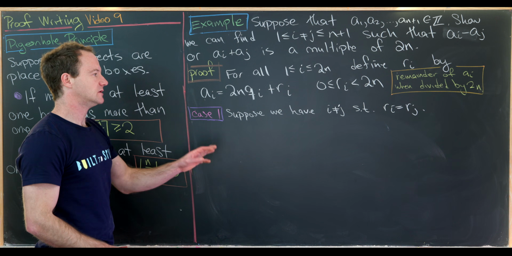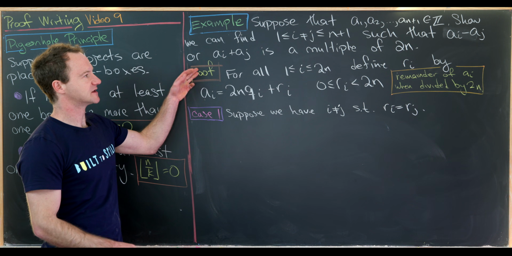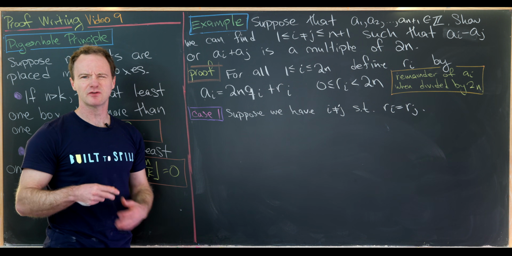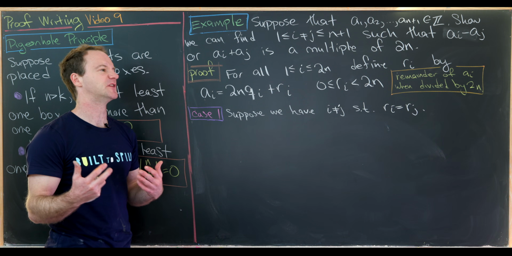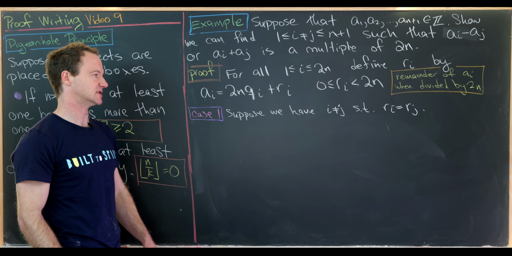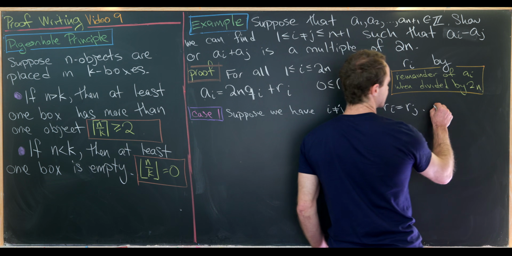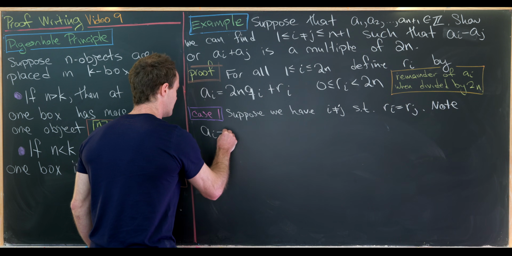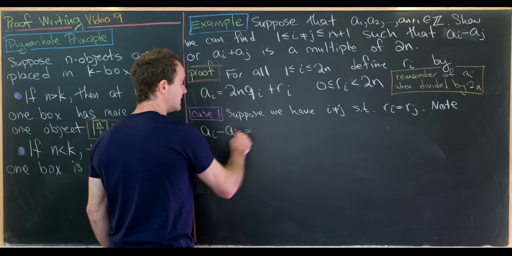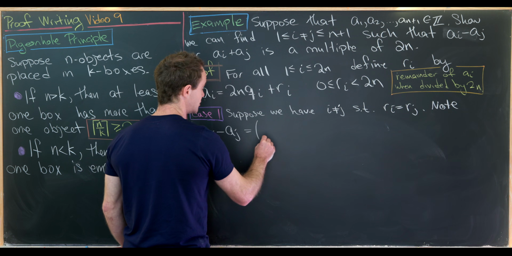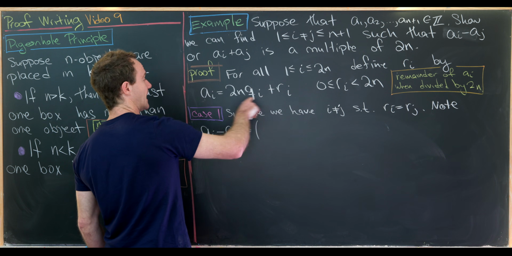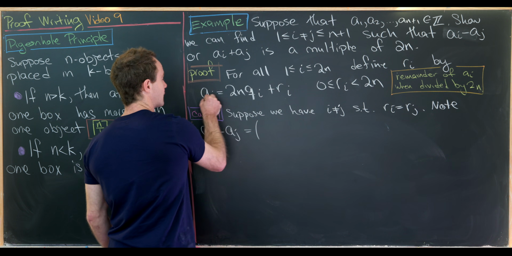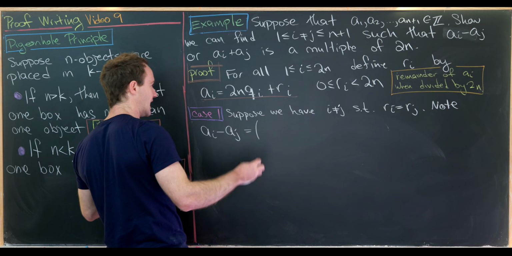Okay, so now what we'll do is either look at the sum or the difference. And maybe you'd like to play with it, but I think looking at the difference is maybe the obvious thing to do here. So I'll write it like this. So now let's note that ai minus aj in this case is equal to, well, we'll write ai and aj using this formula right here, which we've derived for them.